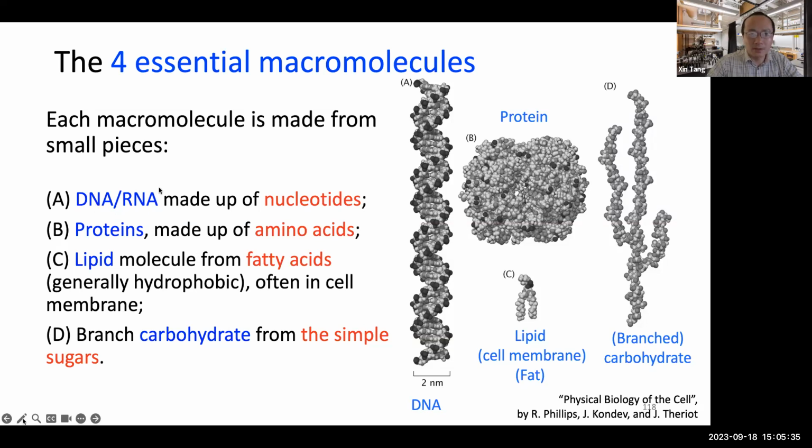There are no specific orders, so all 4 of them are important. The first one we discussed is DNA and RNA. They are polymers made of nucleotides. The monomer is the nucleotide, ATGC. For RNA, there is also another different unit.